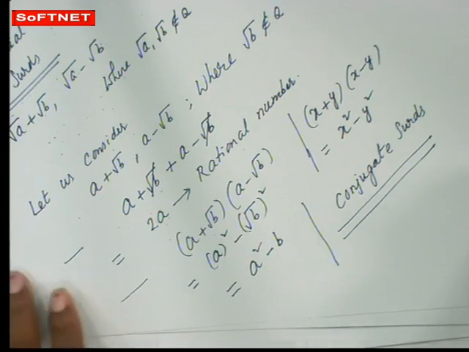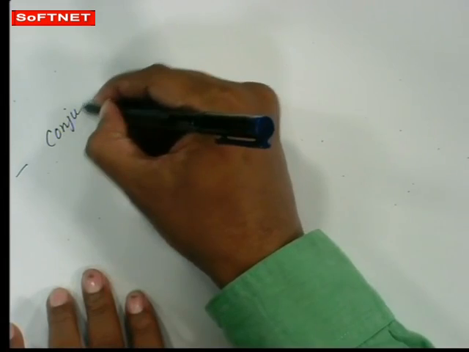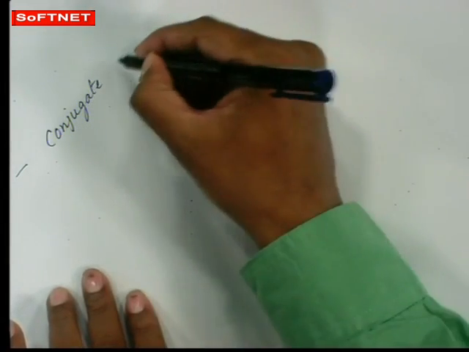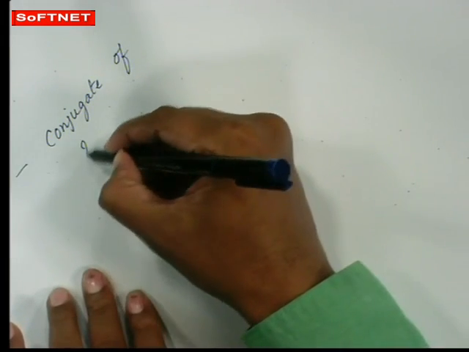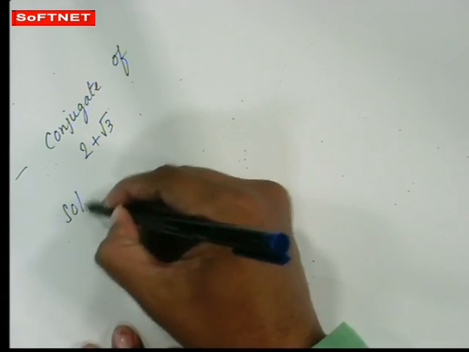Now let us examine some examples. You might have understood what is meant by conjugate surds. The conjugate of 2 plus root 3 is very simple.